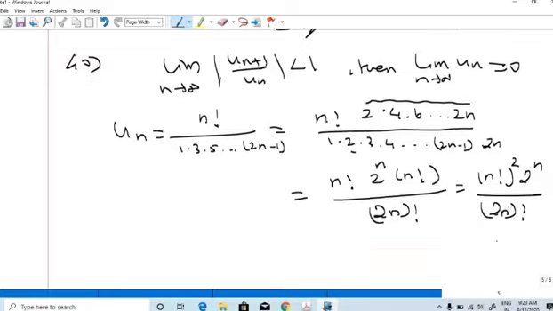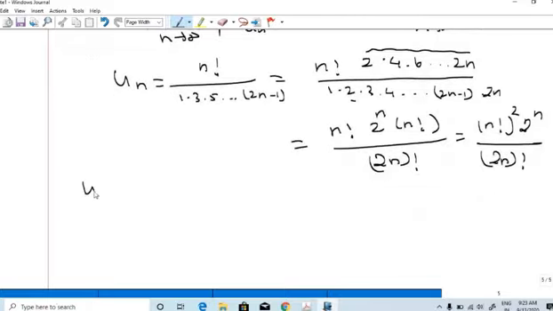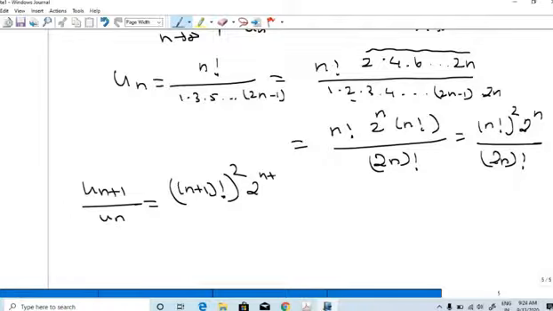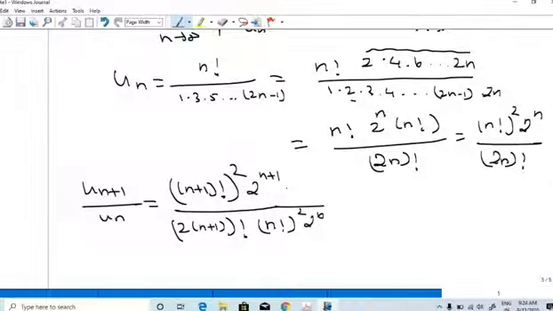Now find u_(n+1) by u_n. If we substitute n plus 1 for n, we get ((n plus 1) factorial) whole square times 2 power (n plus 1) by (2n plus 2) factorial. And then divided by u_n, therefore again (n factorial) square times 2 power n, in the denominator we get (2n) factorial. So now we can cancel.